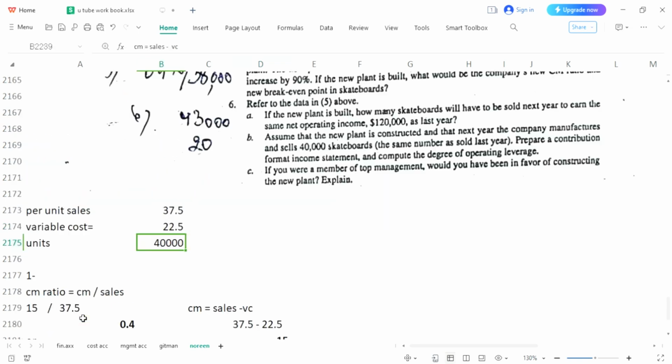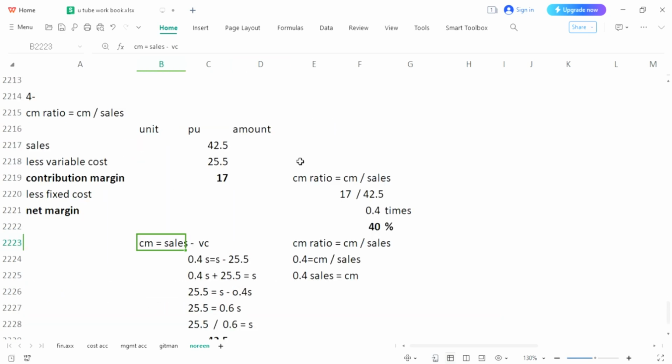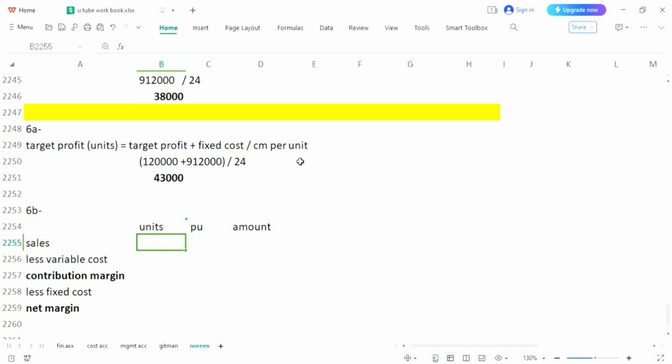Units were mentioned in the question, again 40,000, it would remain the same. 40,000 units for sales and the same 40,000 units would be used for variable cost.